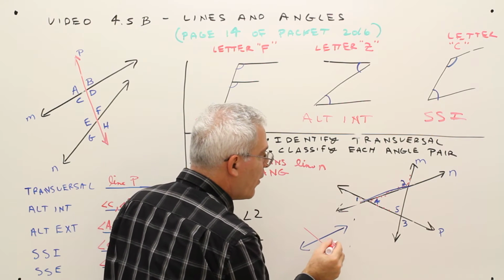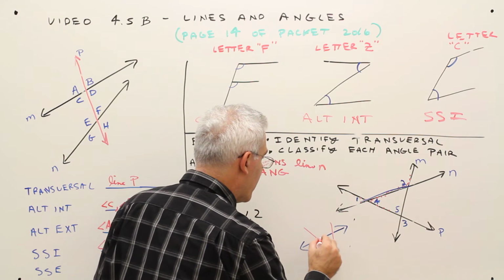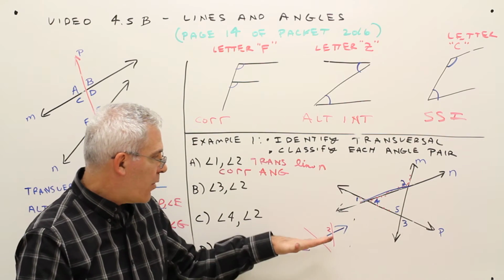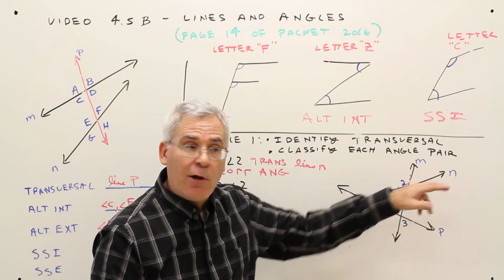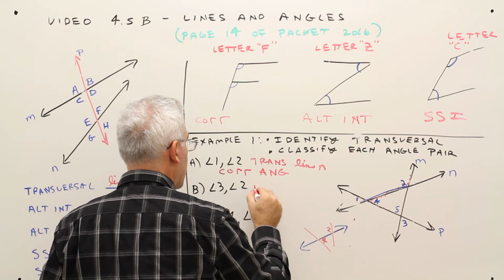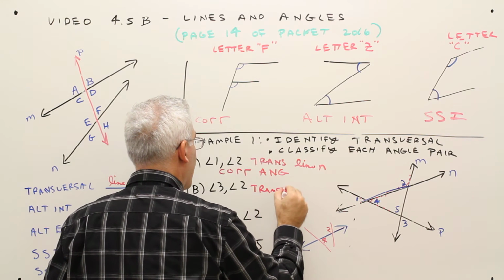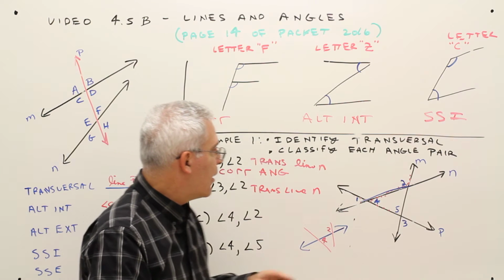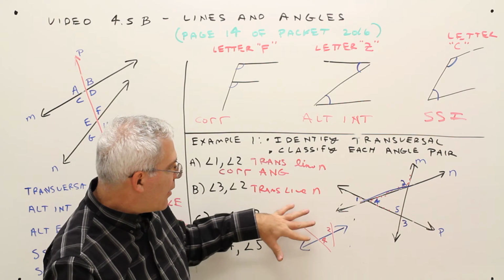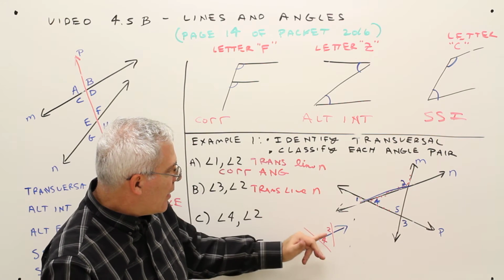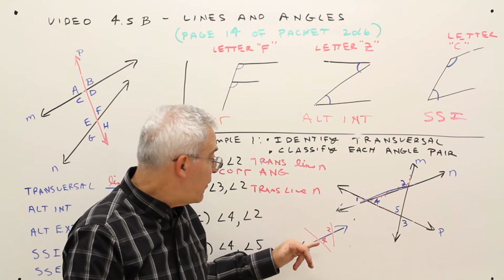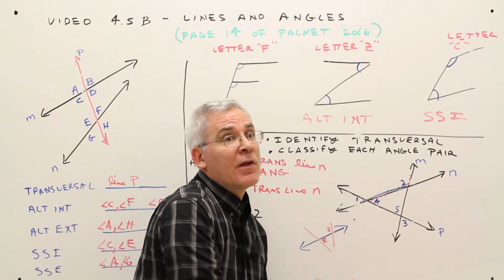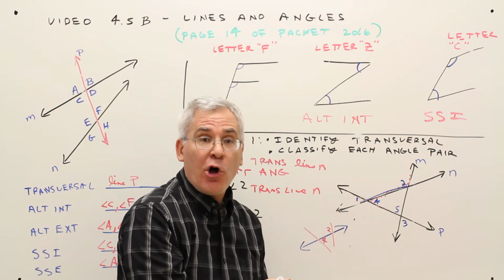So angle 4 and angle 2, like such. Okay, so the transversal is now line N. The transversal is line N again. And classifying these, they're on alternating sides of the transversal, and they're both in between those two lines, so that would of course have to be alternate interior.